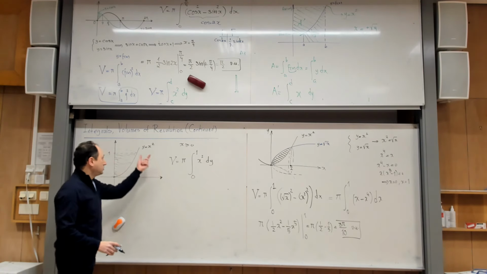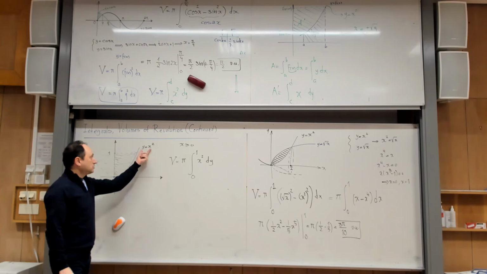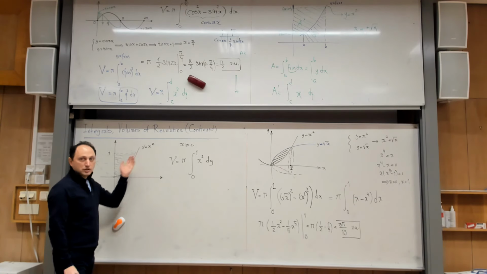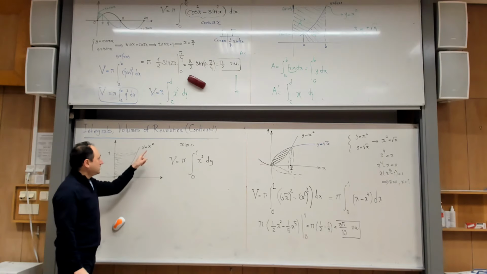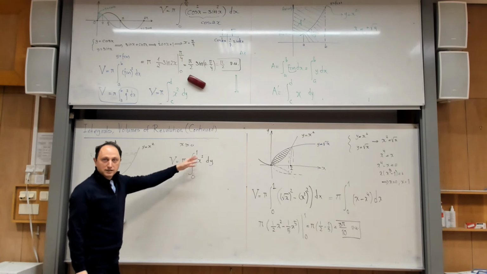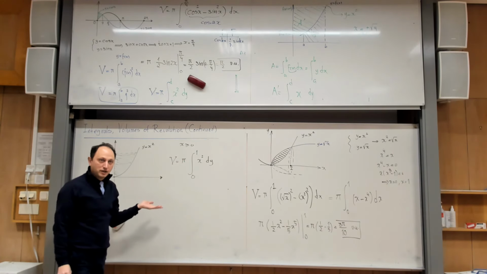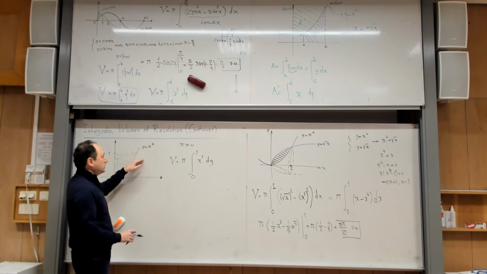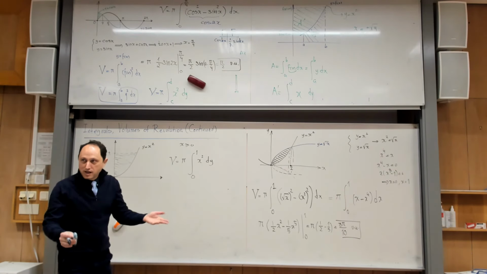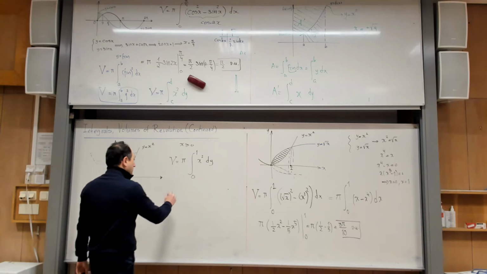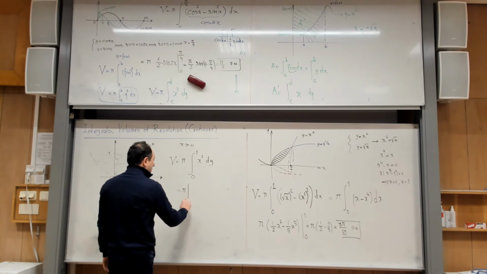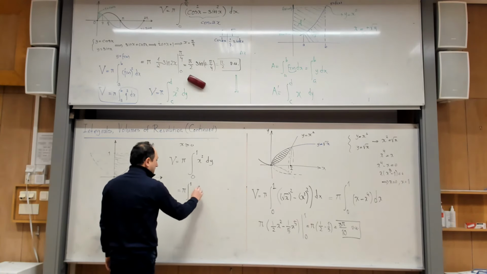So you refer to your function and use that rule to express x in terms of y. But of course, in this case, x squared is already expressed in terms of y. You don't need to take a square root and square it again, because it's automatically y itself. So what you do is pi integral from 0 to 1 of y dy.